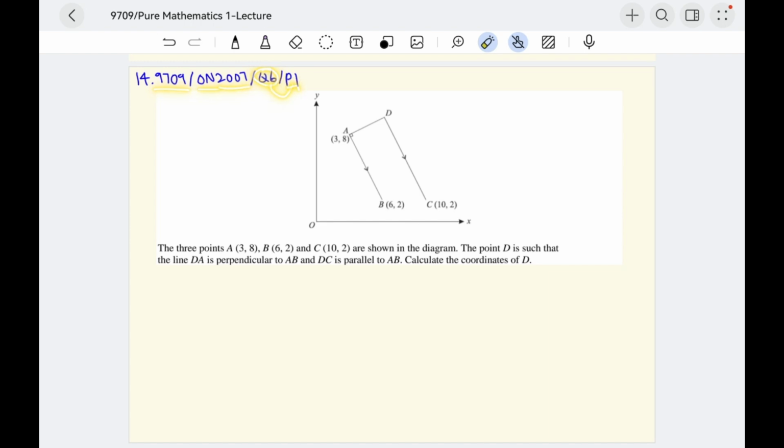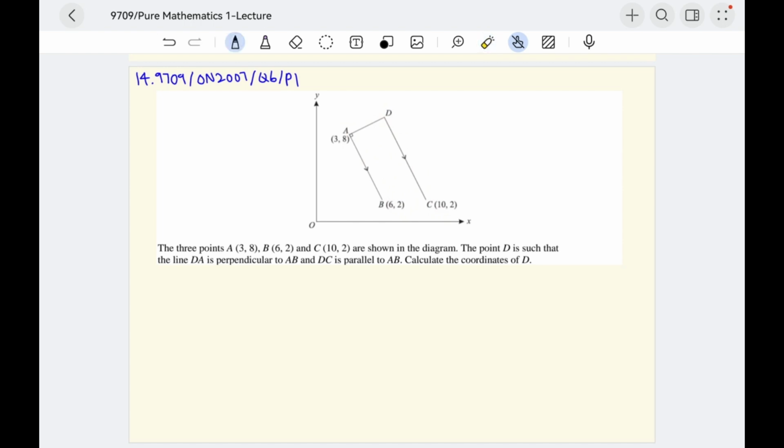Three points A (3, 8), B (6, 2), and C (10, 2) are shown in the diagram. The coordinates of point D are unknown. The point D is such that the line DA is perpendicular to AB and DC is parallel to AB. Calculate the coordinates of D.